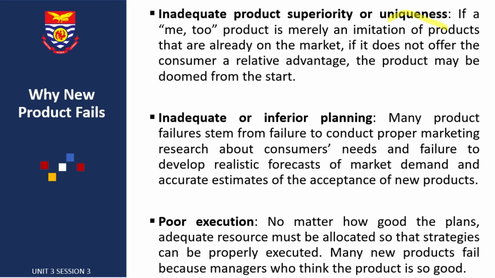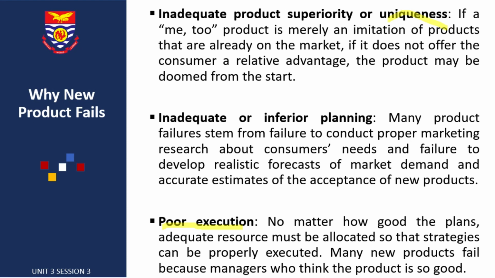Again, there is inadequate or inferior planning. If you fail to plan, then you are planning to fail. Once planning is not done properly, new products can fail. Poor execution.